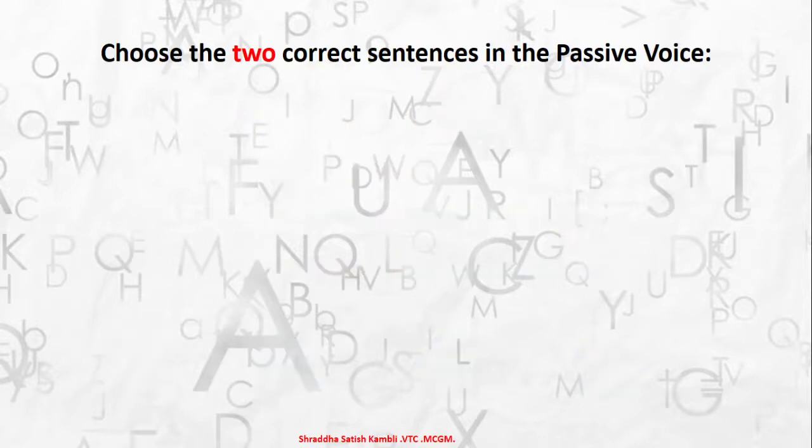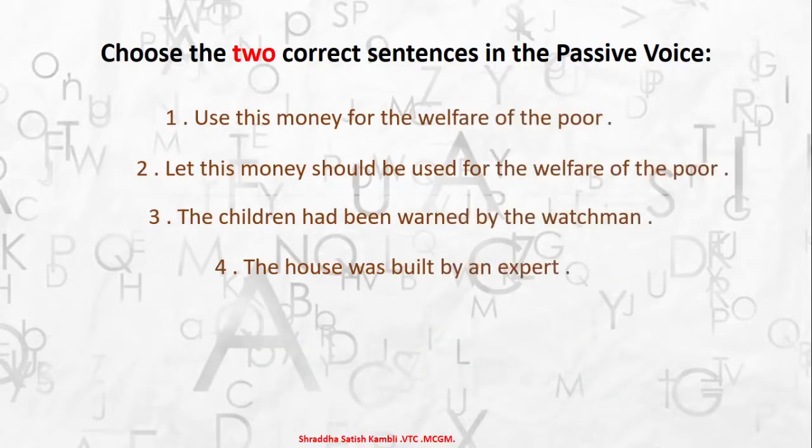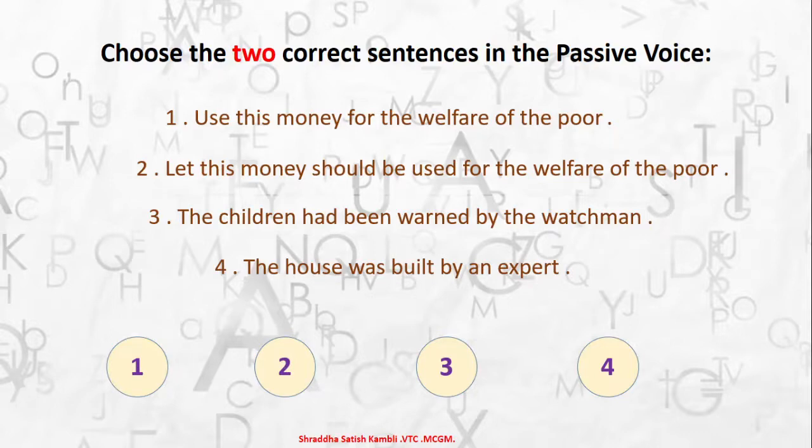Okay, we come to the last example in this pattern. Use this money for the welfare of the poor. Let this money should be used for the welfare of the poor. The children had been warned by the watchman. The house was built by an expert. So which 2 sentences are in the passive voice here, children?